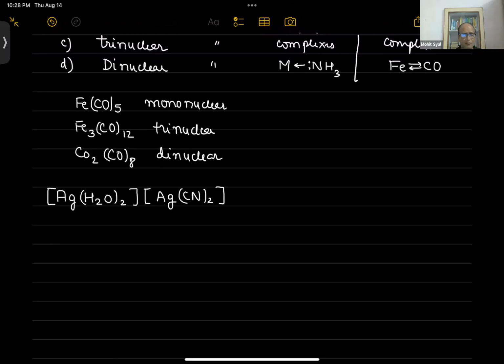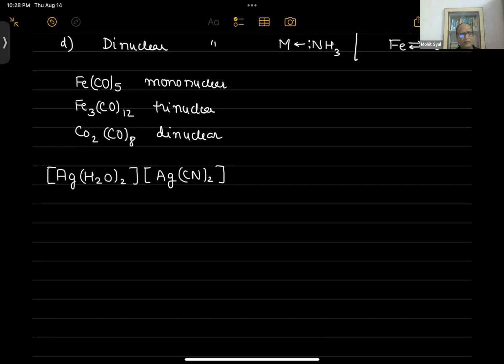They have given the IUPAC names written below, but I'm not going to write the options because I know you can tell me the IUPAC name of this complex. So this is the cation and that one is the anion, right? So diaqua silver, one.